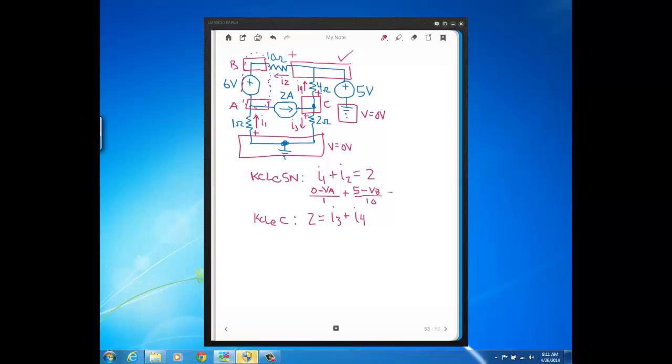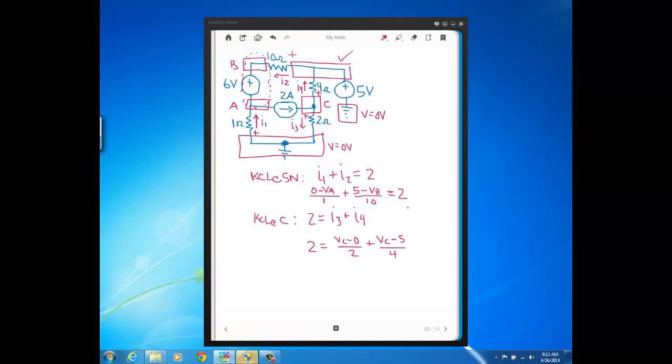Then down here we'll have 2 equals I3, which is VC minus 0, VC minus ground, over 2, and then I4 would be VC minus 5 over 4. So those are our node voltage expressions.